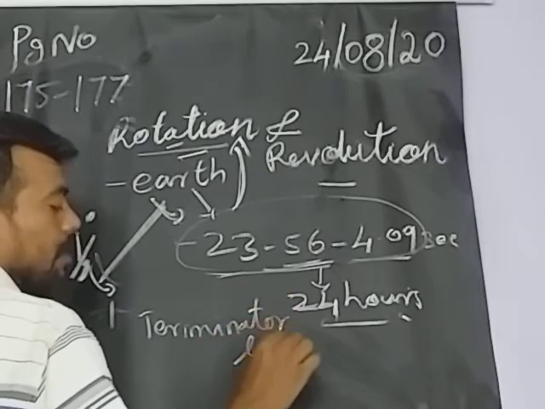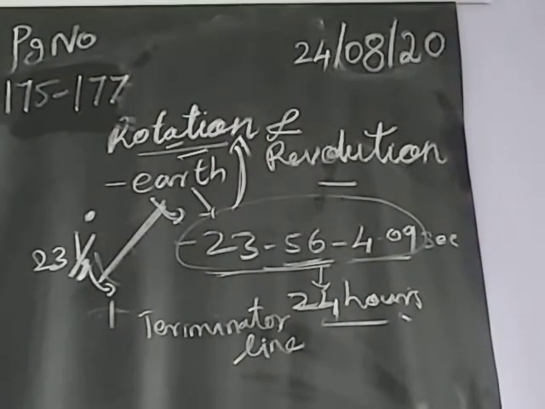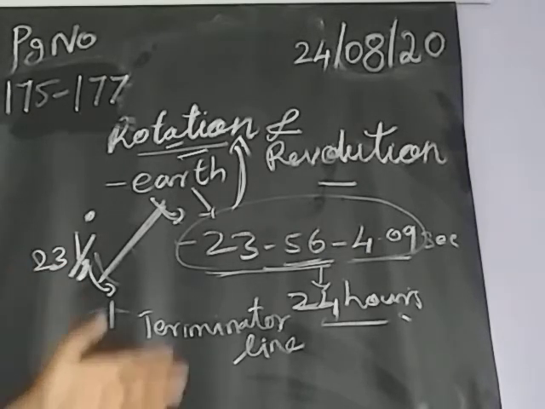What is the terminator line? It is the line which divides the surface of the Earth into a lighted half and a dark half.